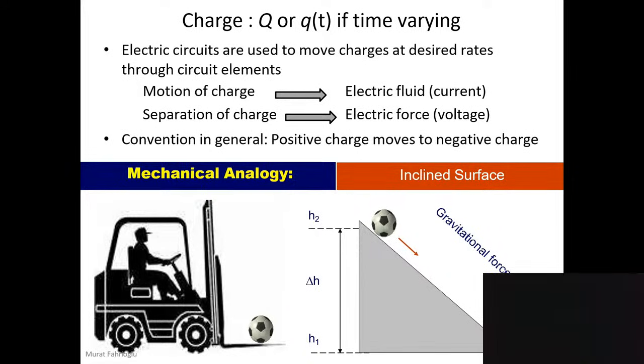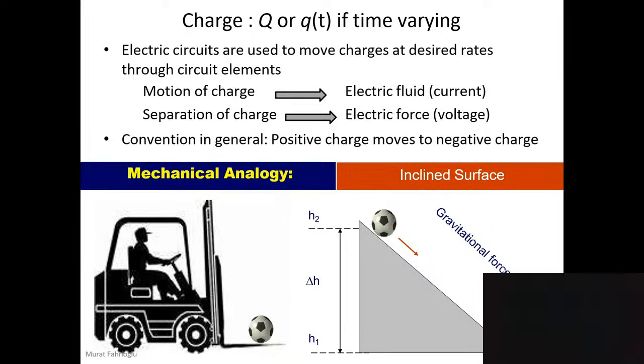One is the motion of charge, another is the separation of charge. The motion of charge is the electric flow, which is current. The separation of charge is the electric force, which we call voltage.